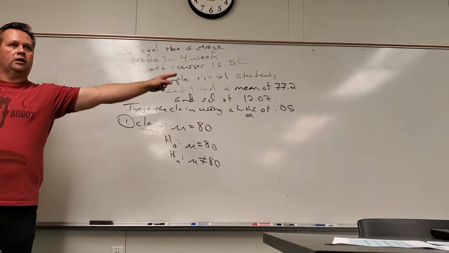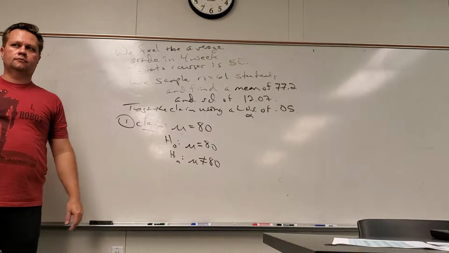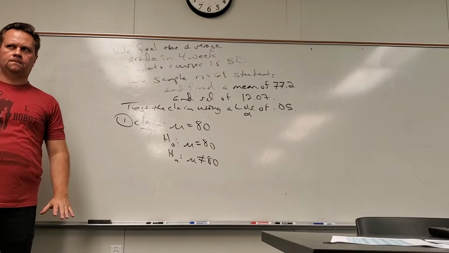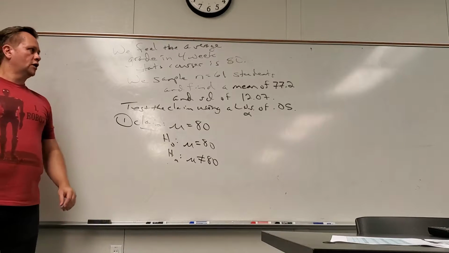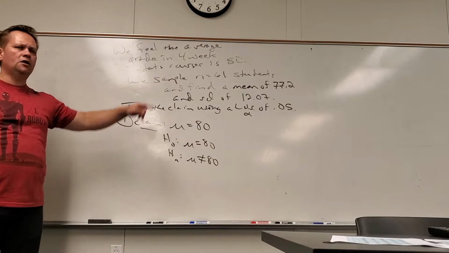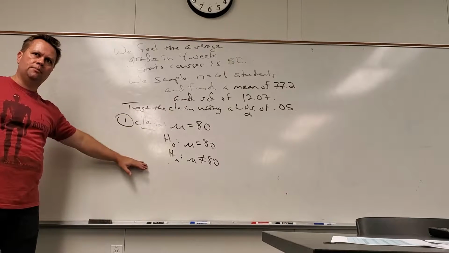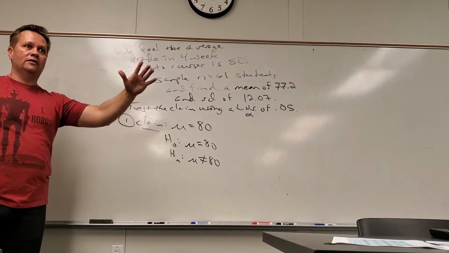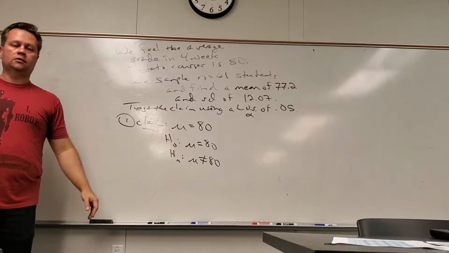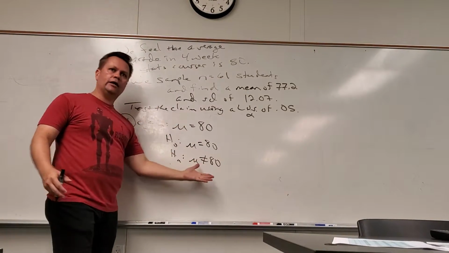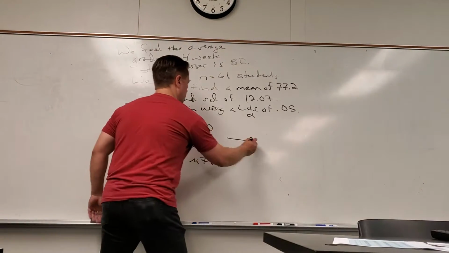Not equal to, it could be up or down. Please don't tell me that it's less than or something. Again, when I'm setting these up, I don't know that yet. But as a problem, I got to give you everything so you can use it all. The claim is equal to, so this has got to be not equal to. So it's a two-tailed test.